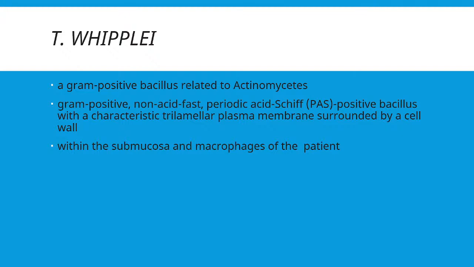Although we have PCRs to diagnose this disease right now, a mere presence of a PCR positive study does not give us the confirmed diagnosis of Whipple's disease. Within the submucosa and macrophages of the patient.